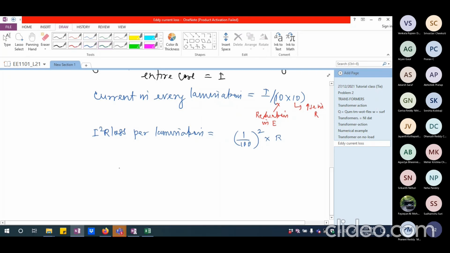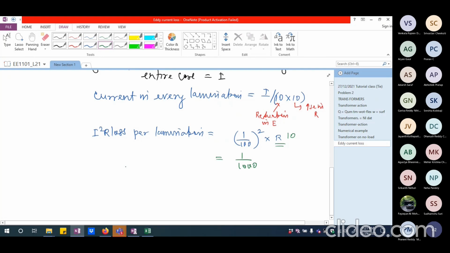So this resistance has increased by a factor of 10, we said, right? So this is 1 by 100 multiplied by 10. So I'm going to have 1 by 1000. For every lamination, I'm going to have 1/1000th of the original loss.